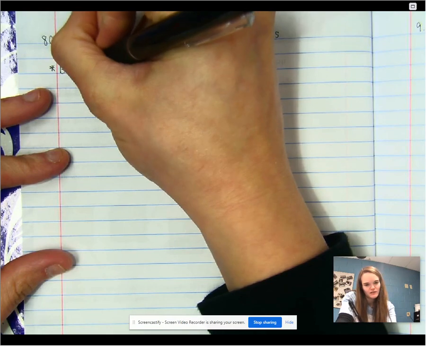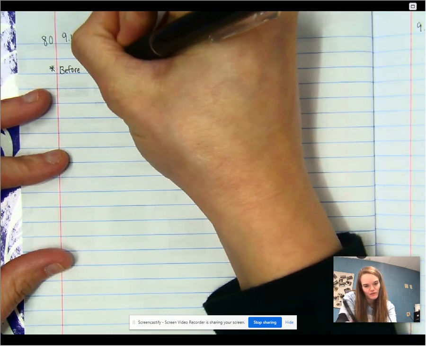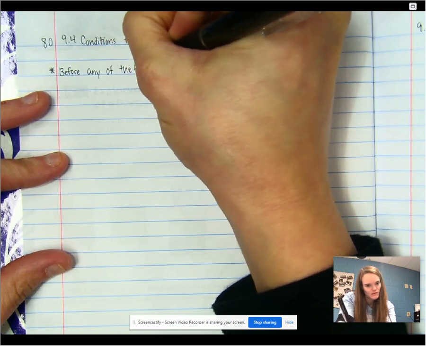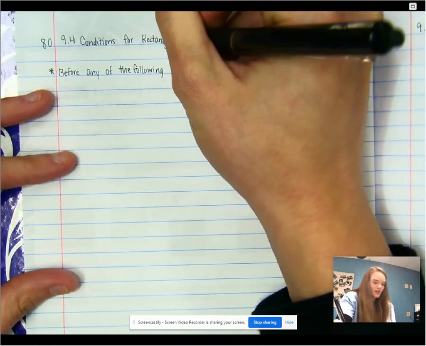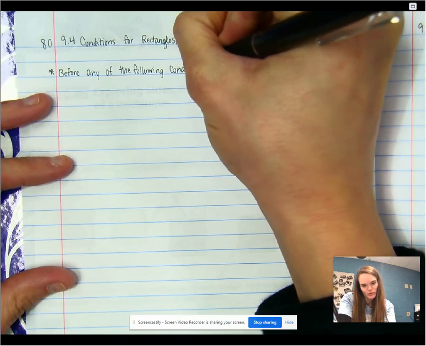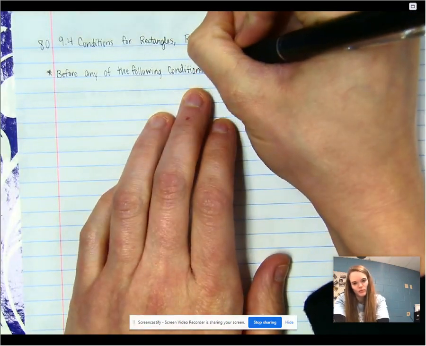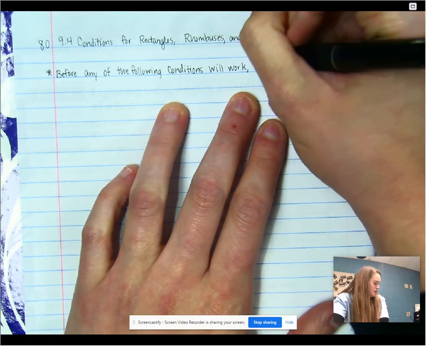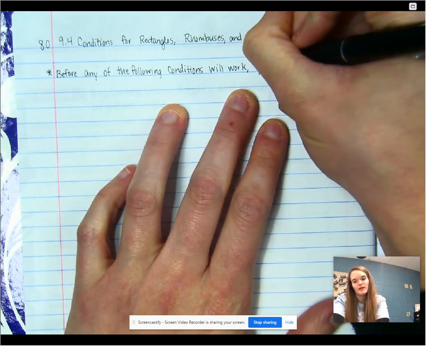Before any of the following conditions will work, so before we can use them to prove it's whatever figure, you must know it is a parallelogram.